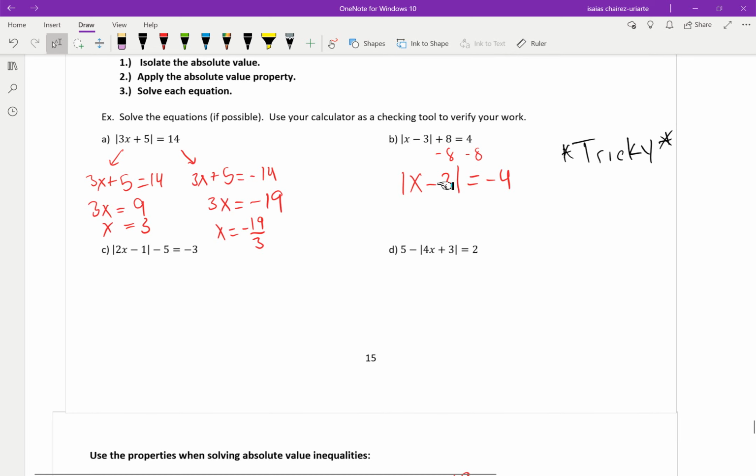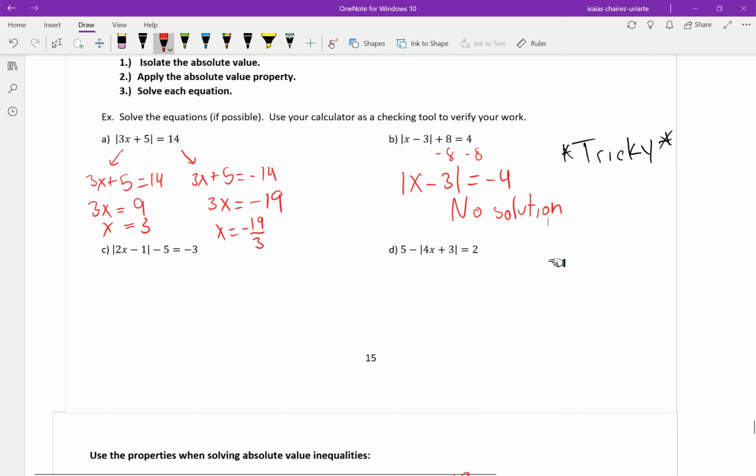And so that means that it's always going to be above the x-axis. Whereas y equals negative 4, well, that's below the x-axis. And so these two graphs will never intersect. So right now, what I'm going to conclude here is that this has no solution.